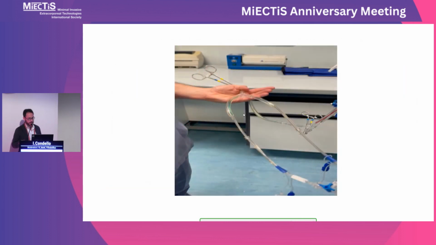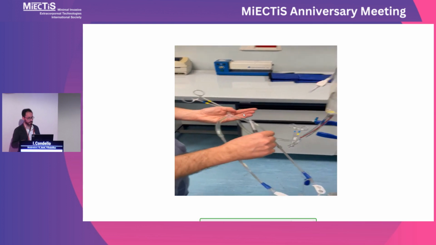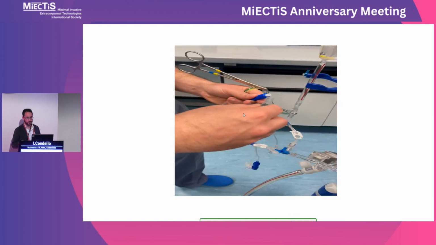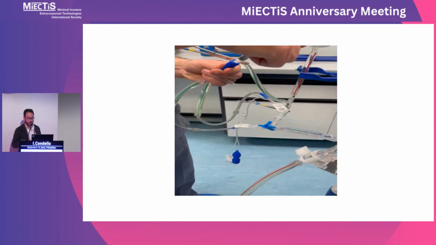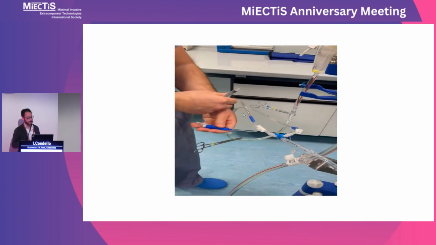This is our circuit. These are the two pulmonary veins. We put inside the small tubing. We use a manual insufflation inside the balloon.